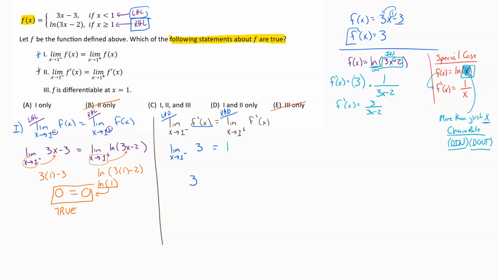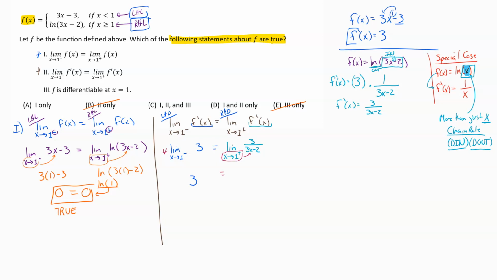So if I come down here and go limit as x approaches 1 from the right, and now I'm plugging in my derivative, which is 3 over 3x minus 2, then I do option 1, which is go ahead and plug that in. The other one was a constant, so we didn't have to go through this process. But here we have an actual value to plug in.